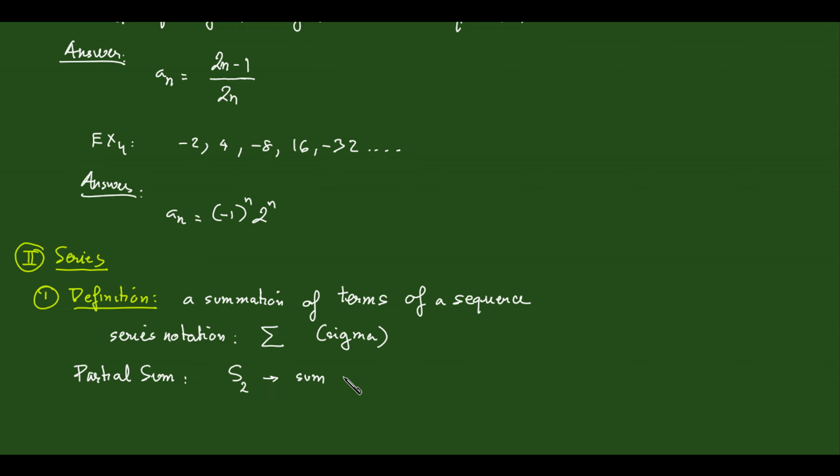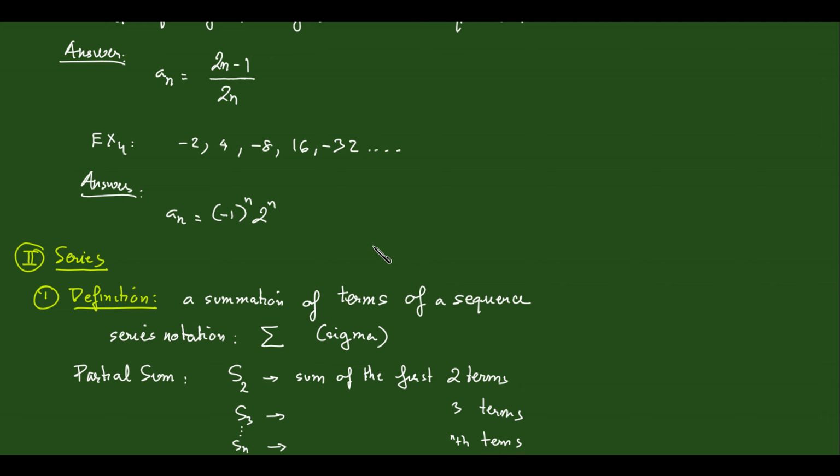It means the sum of the first 2 terms. S sub 3 could be the sum of the first 3 terms. How about S sub n? S sub n will be the sum of n terms.